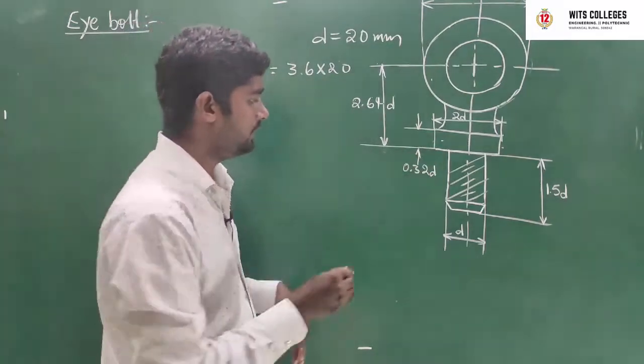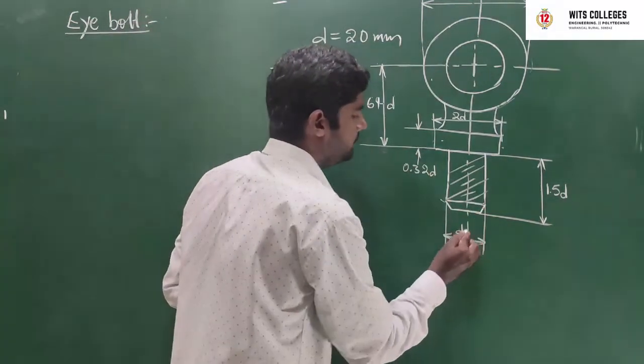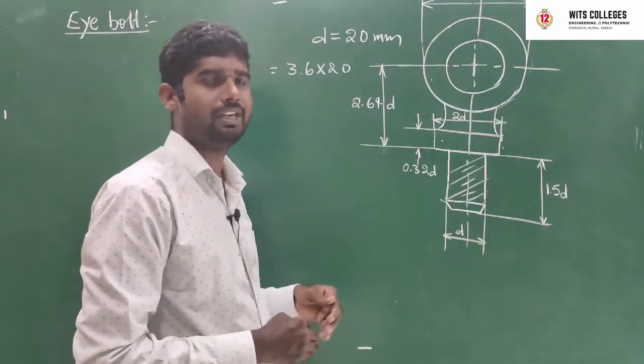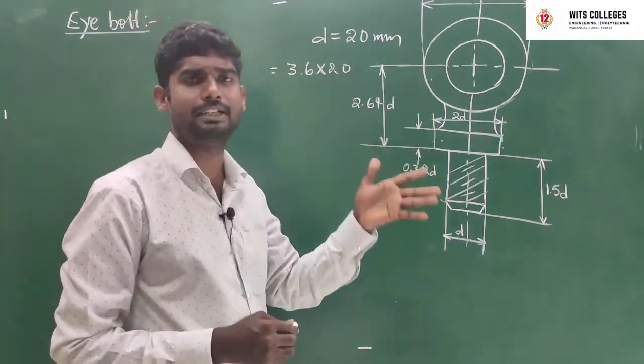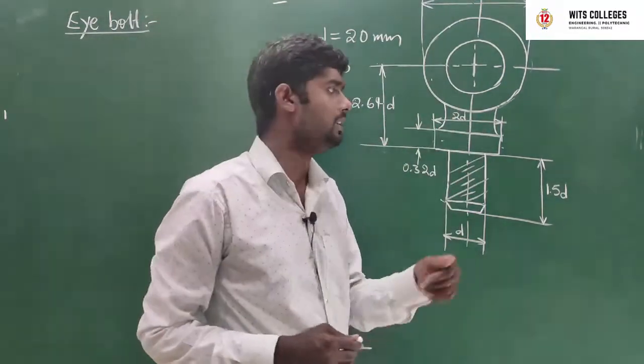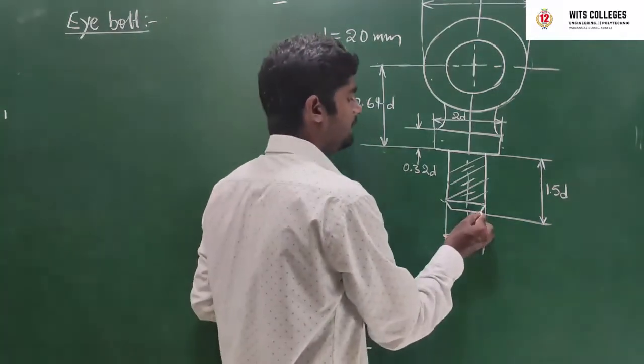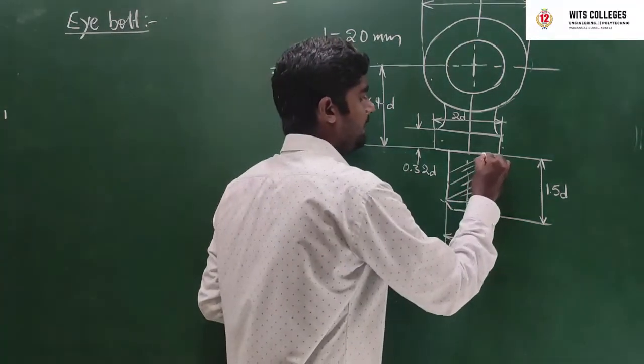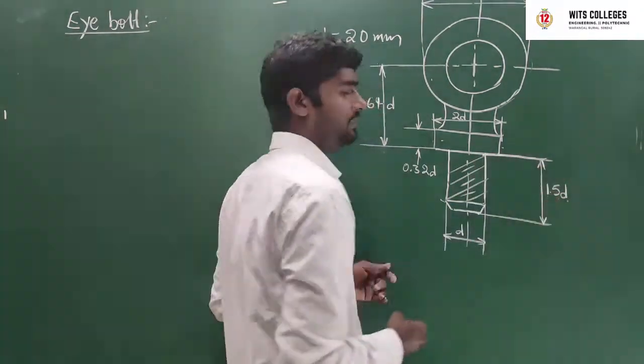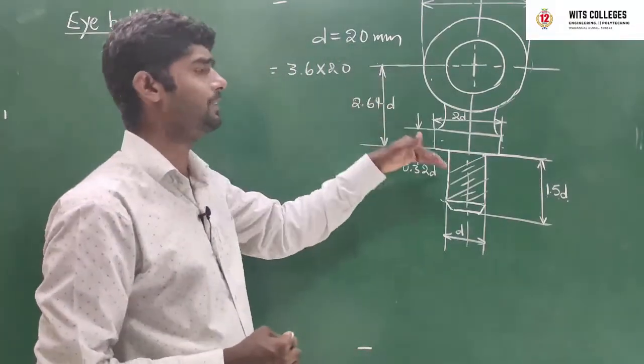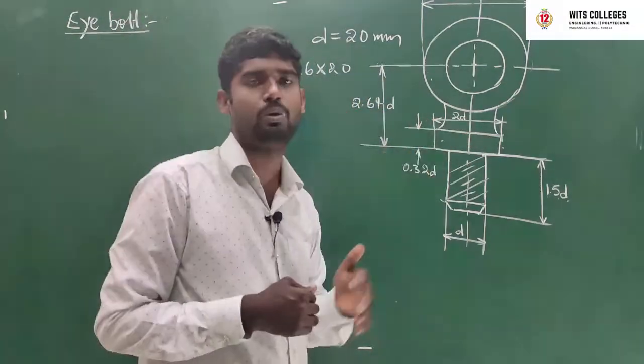Next, the screw diameter is D, and at the bottom of the screw it is 1.5D. Using standard specifications, we manufacture the eye bolt.